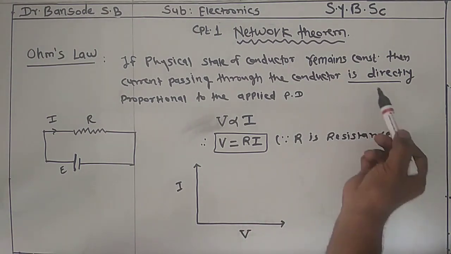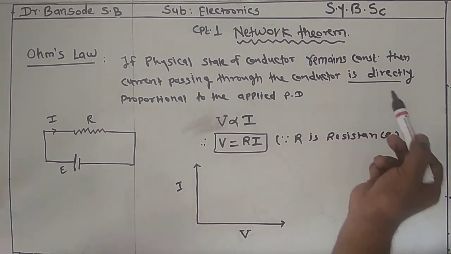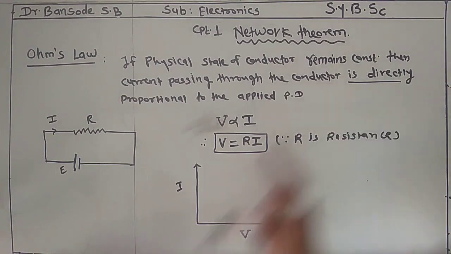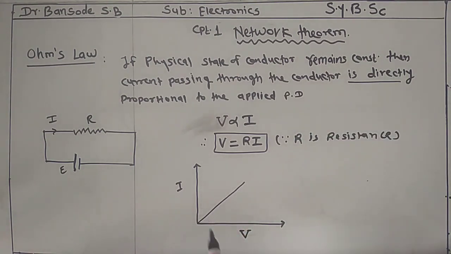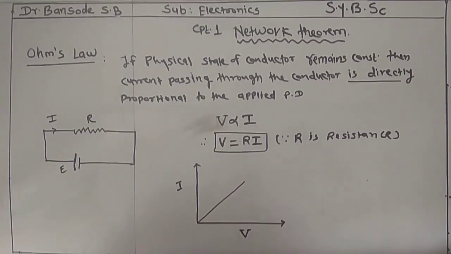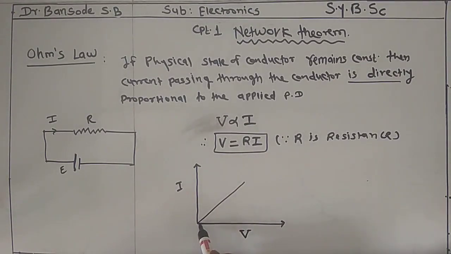Directly proportional means if we show this relation in the graph, it should be a straight line passing through the origin. The nature of graph like this way shows that potential difference is directly proportional to the current. This indicates that if voltage increases, current also increases.